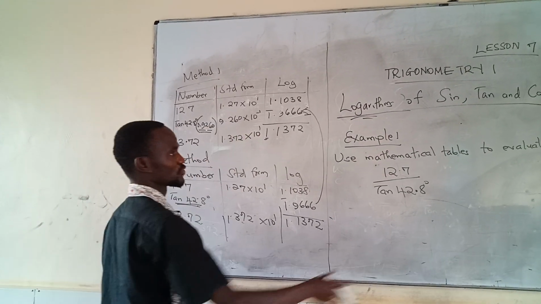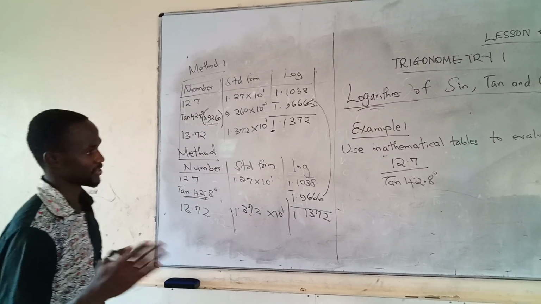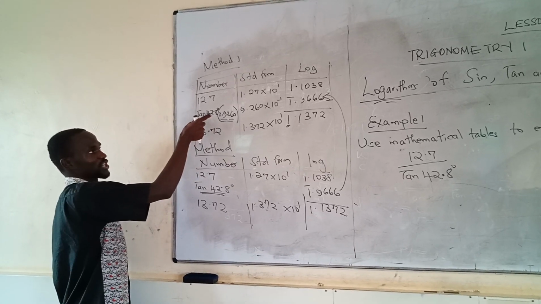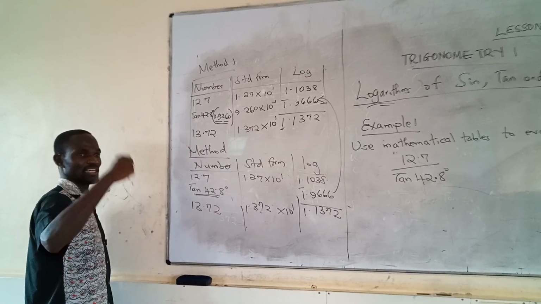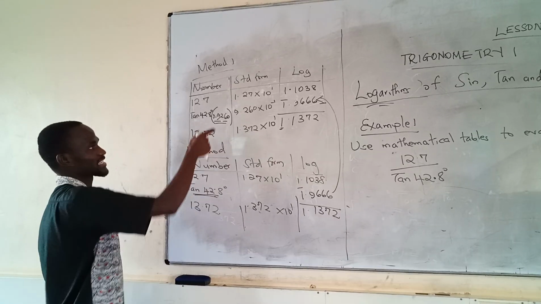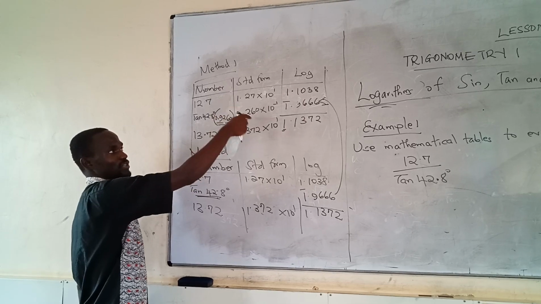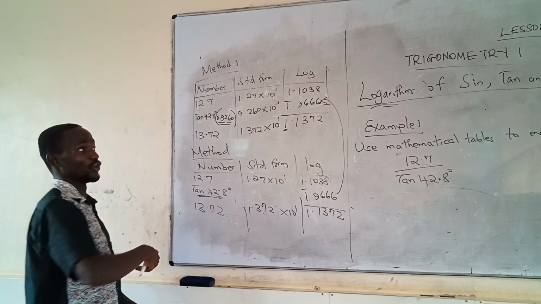Basically, if you have been given a question with tan 42.8, cos 42.8, or sine 42.8, you have two choices. Either approach it from the natural tangents, natural sine, or natural cosine, then substitute it with a particular number. That number is what you will write in standard form, then get the logs from the natural logs.